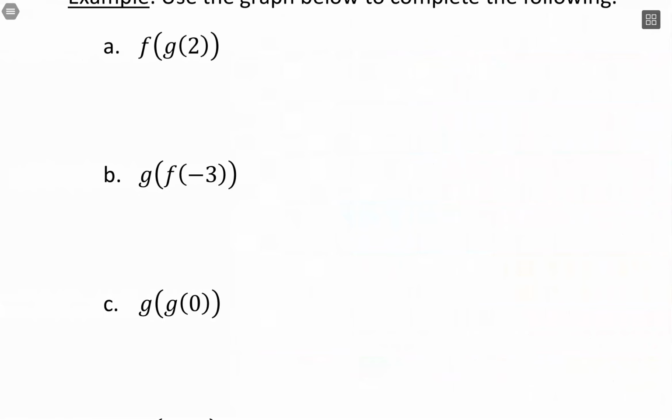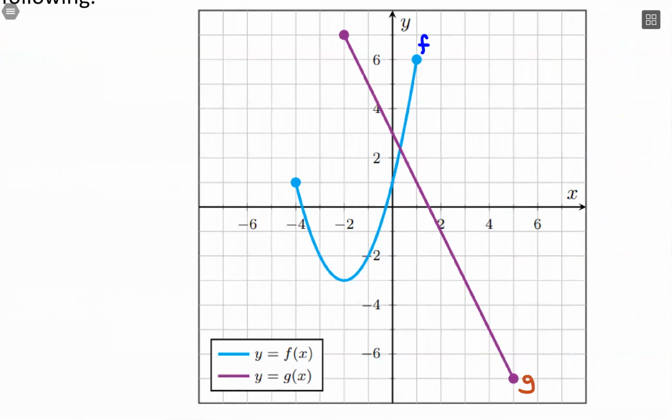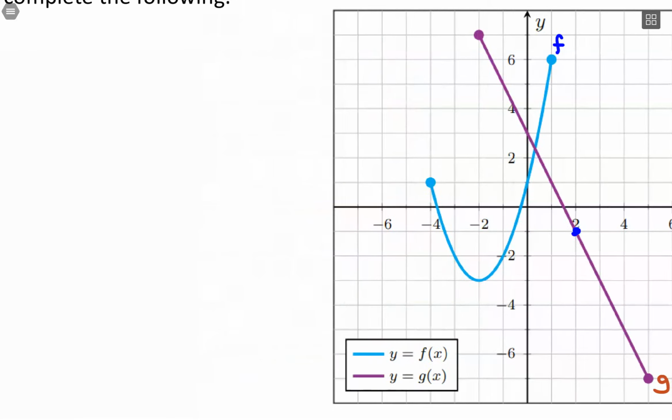So f of g of 2. What I want to do is replace that g of 2. I'm looking at when x is 2, what is g of x doing? So I'm going to go to my function and look at x equals positive 2, and then look at my linear function, where I have this output of negative 1. I want to grab the y coordinate of that value, which is negative 1.